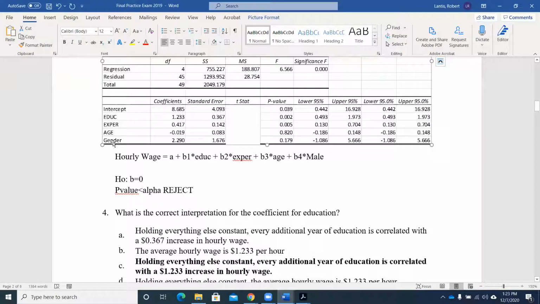So I can't say there's a significant relationship between gender and hourly wage or age and hourly wage, but there is a significant relationship between experience and hourly wage and education and hourly wage. Okay? So you should be able to go through output like this and determine which variables you can reject the null for. And if you can reject the null, what you're saying is there is a significant relationship between those variables and your dependent variable. Okay?